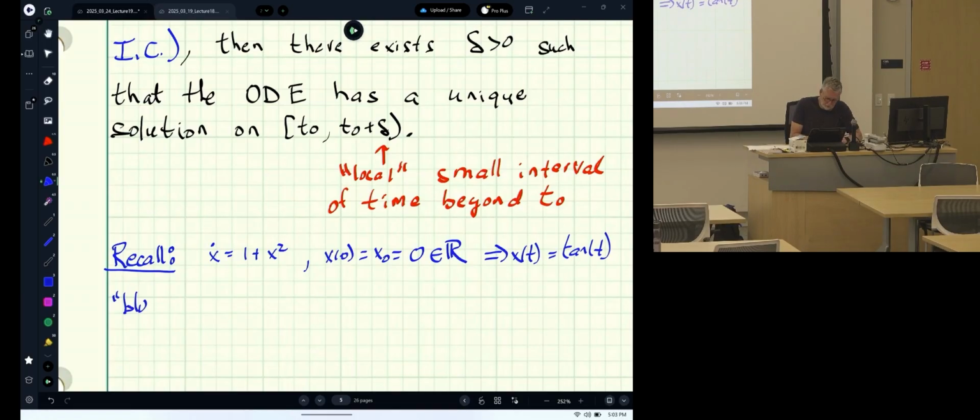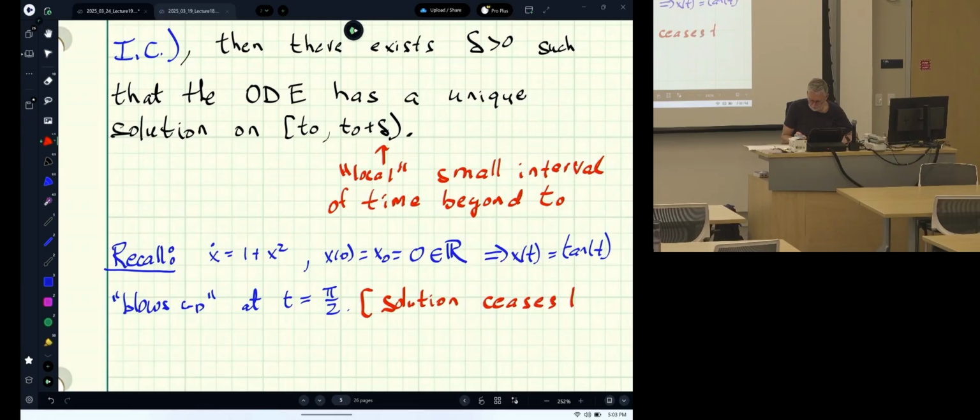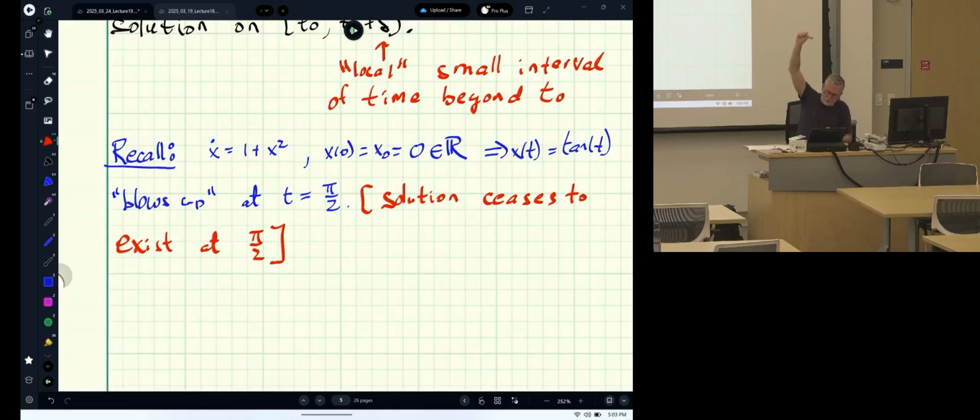And it blows up at pi over 2. So the solution ceases to exist at pi over 2. Okay, and that's because it has escaped to infinity, is what we say.